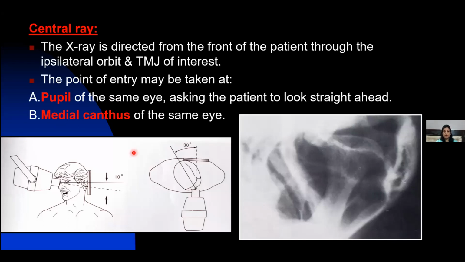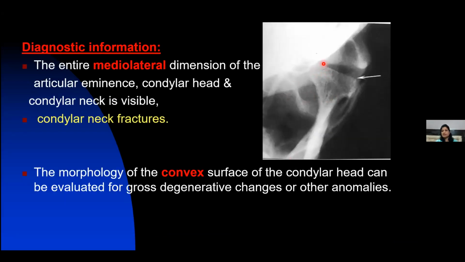So how do you get the image? You can get the image like this. So this is the image. It is much clearer here. I can see the poles, the lateral pole and the medial pole, and I can see the condylar neck very clearly.